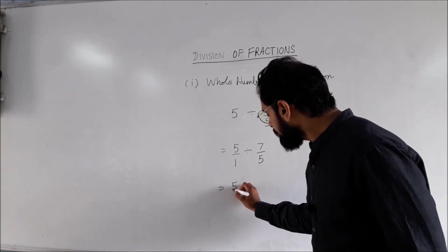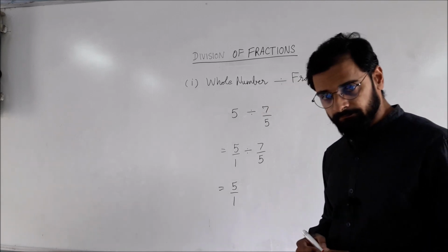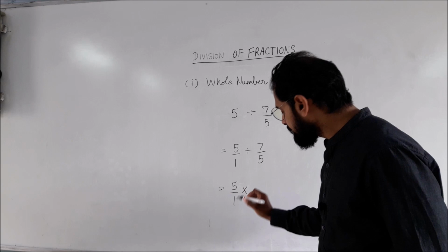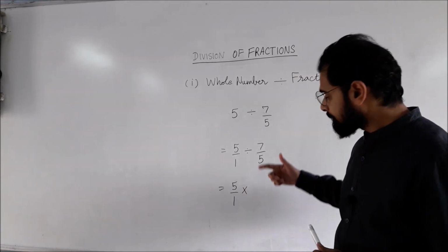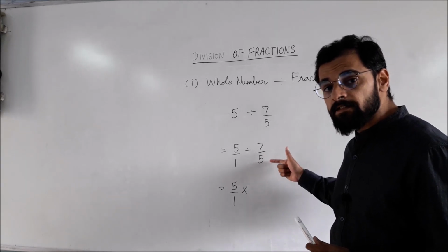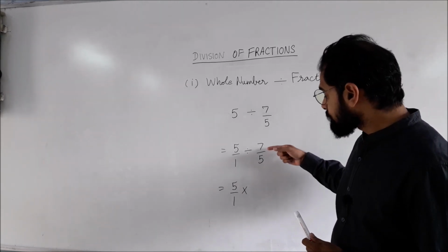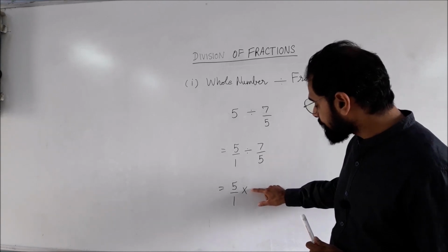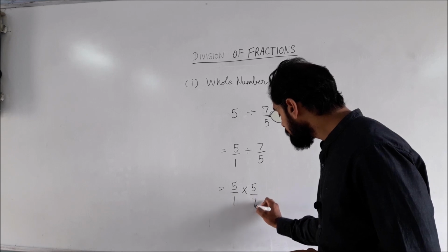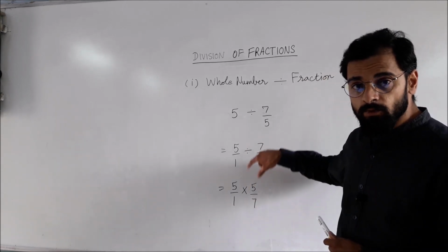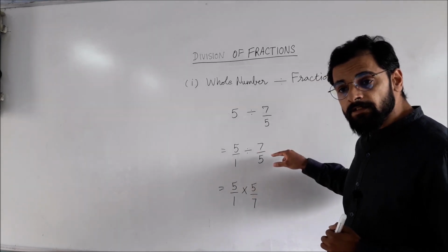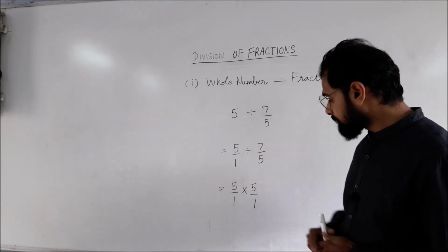The dividend remains the same. The sign of division changes into the sign of multiplication, and the divisor 7 over 5, we write as its reciprocal, that is, we'll write 5 over 7 here. So these two are very important steps. The division becomes multiplication and the divisor is changed to its reciprocal.